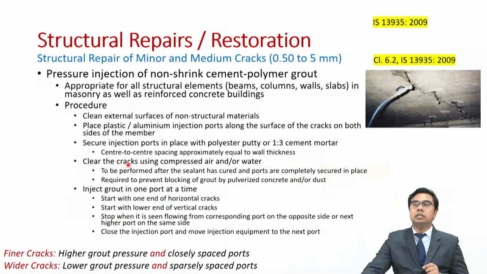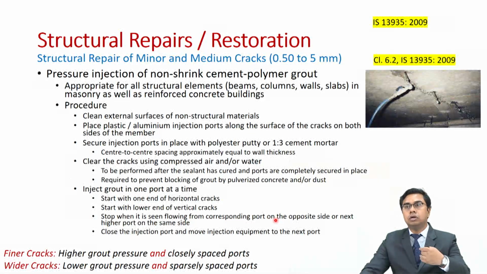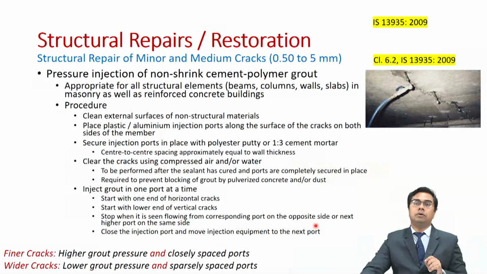Okay, after clearing these cracks, we will inject grout in one port at a time. We will start with any end in case of horizontal cracks, while in vertical cracks we will start with the lower end. And when shall we stop injecting the grout in the port? When we see that the grout is overflowing from the corresponding port on the other side of the wall or the next higher port on the same side of the wall.